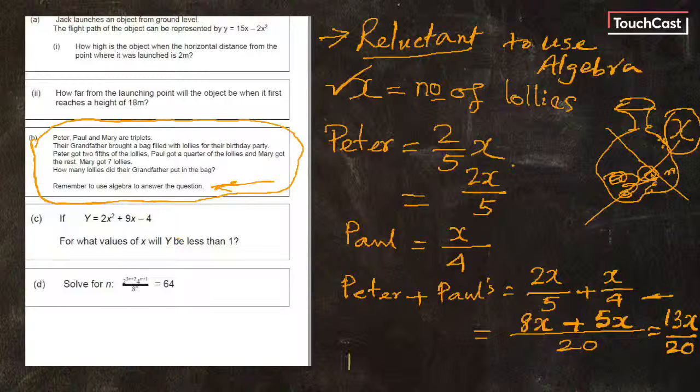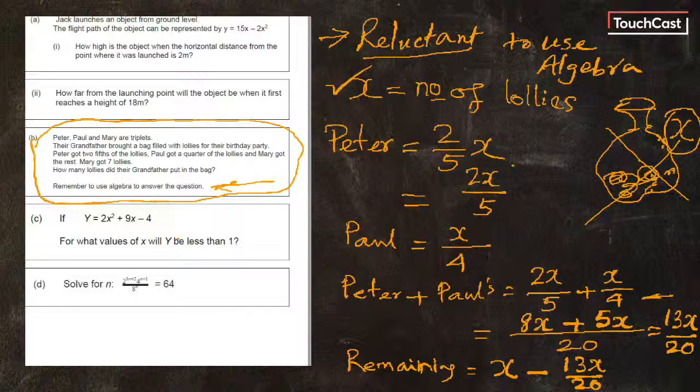Now the remaining lollies are the whole, which is x number of lollies. I'm going to subtract 13x over 20, and that will give me 7x over 20. So that's the leftover lollies.